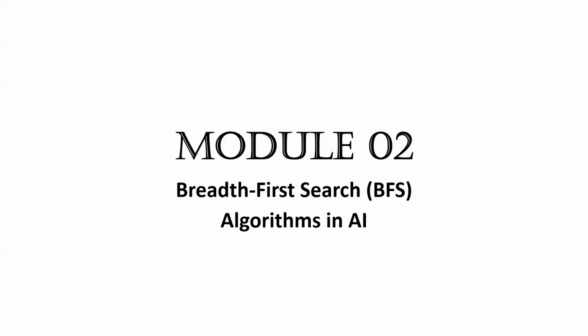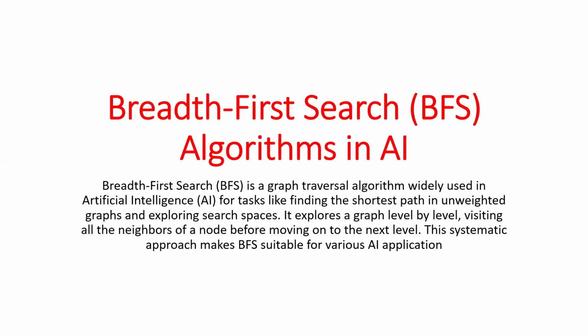In today's Module 2, in this section, we discuss the breadth first search algorithm in AI, Part A. Let's move to the topic. We all know about BFS, right? BFS, breadth first search algorithm in AI.